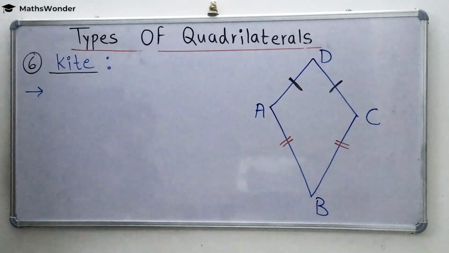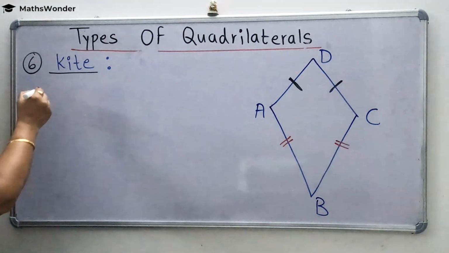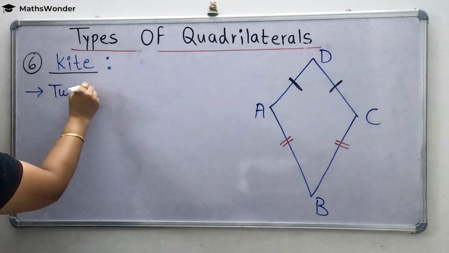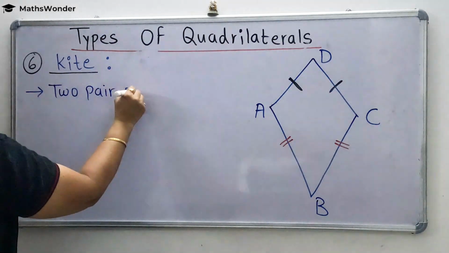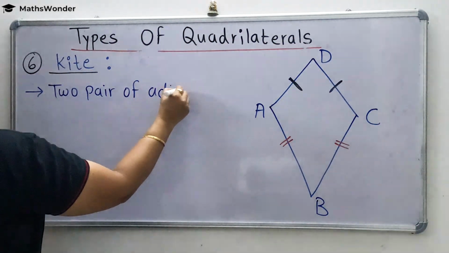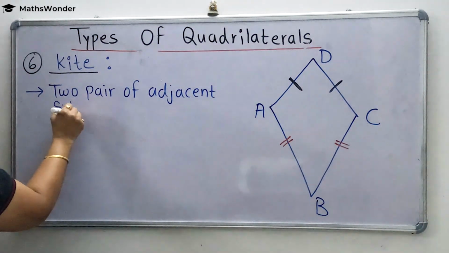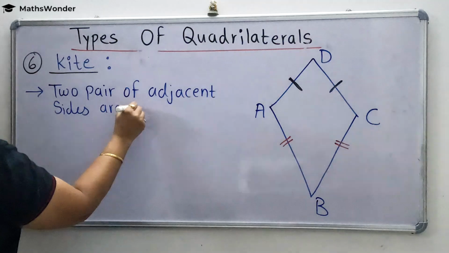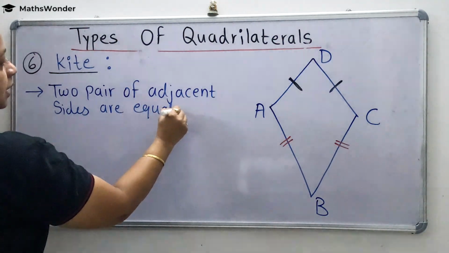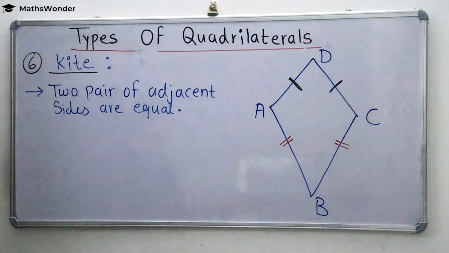So how will you write it? Two pairs of adjacent sides are equal. Now you know that adjacent sides means the vertex is common. So how will you write it?